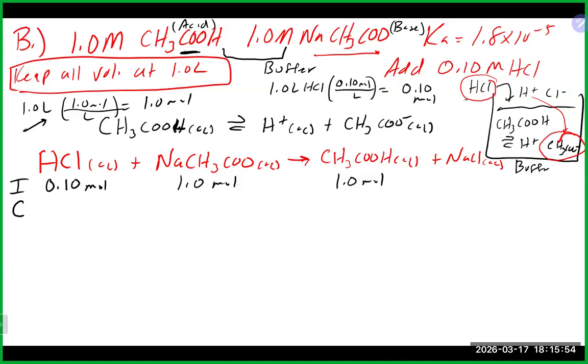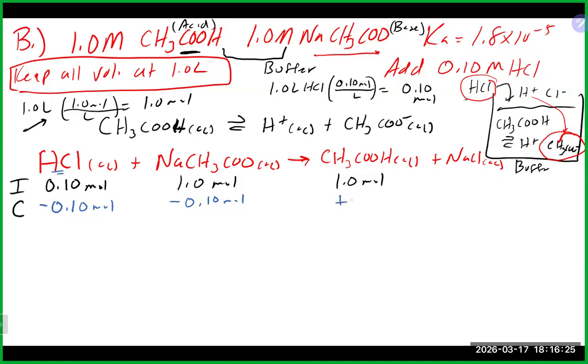In this case, the change is going to be my HCl, which is, logically speaking, the smaller number. If you take a bigger number and start subtracting, you're going to get a negative number, and that's not so good. So this is going to be minus 0.1 moles, based off HCl being the limiting reagent. This is equivalent to doing minus X, and plus X on the other side.